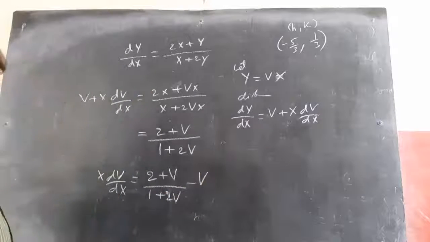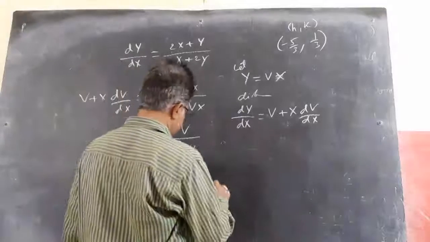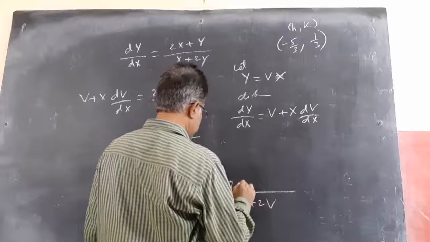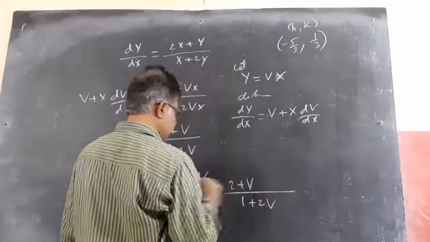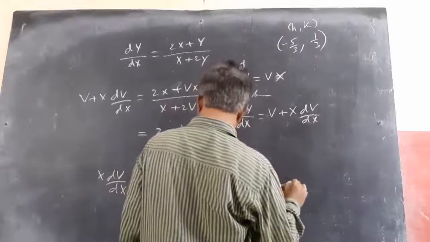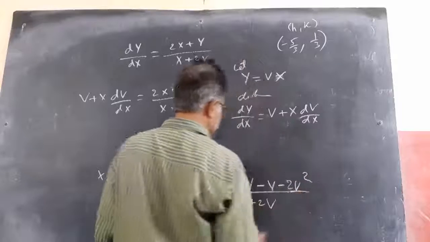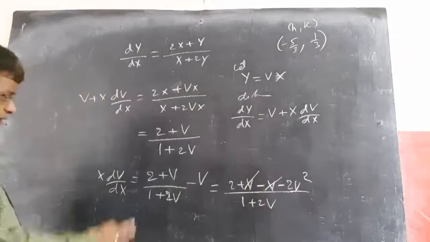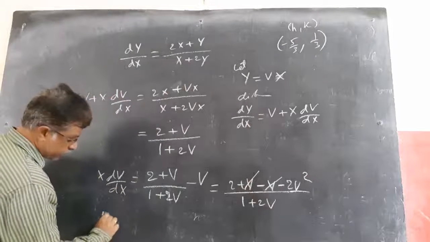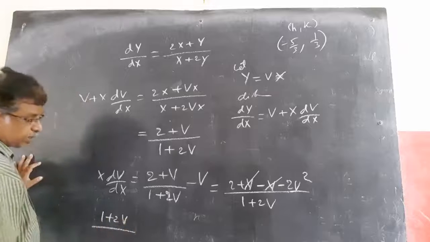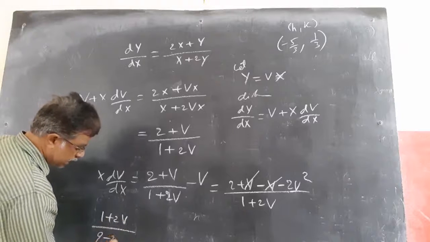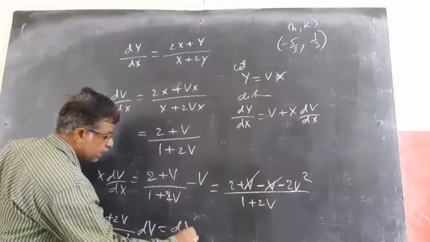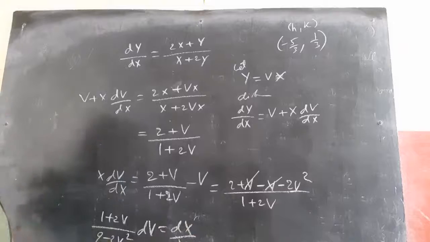If you take the LCM, this becomes (2 plus v) minus v minus 2v square, that is 2 minus 2v square, over 1 plus 2v. Now if I go for variable separable, this becomes (1 plus 2v) by (2 minus 2v square) dv equal to dx by x.